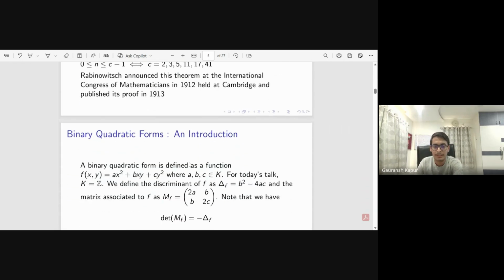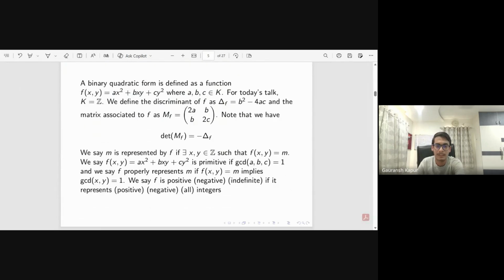So let's begin by introducing binary quadratic forms. A binary quadratic form is a function f of x, y, ax squared plus bxy plus cy squared, where a, b, c are in some set k. For today's talk, we'll take k to be the integers.